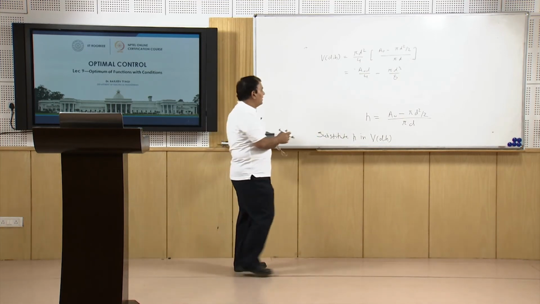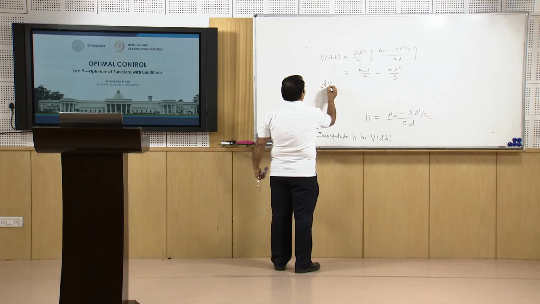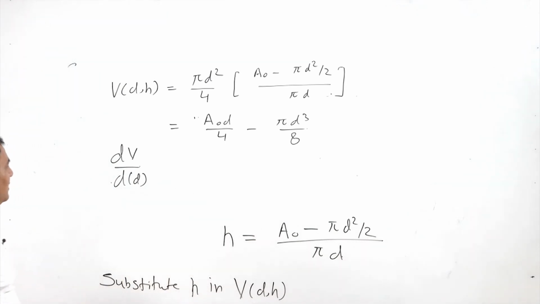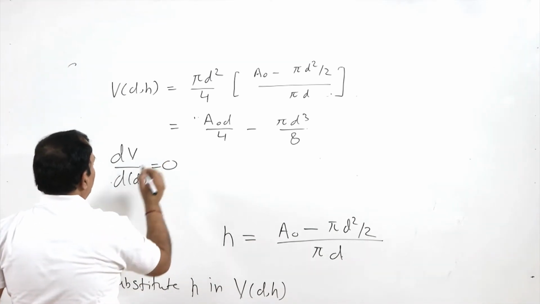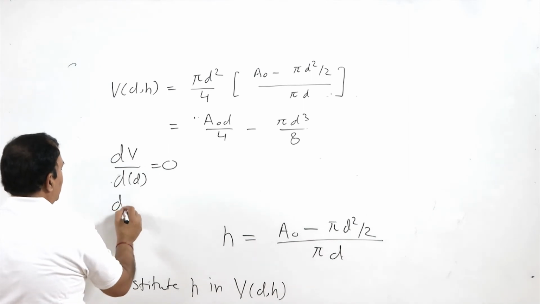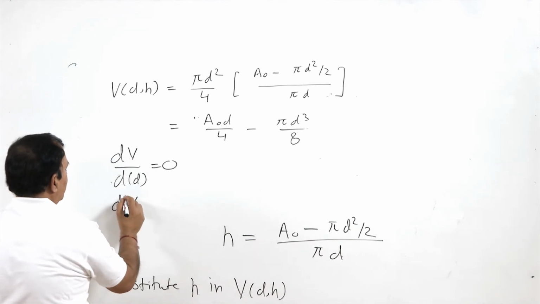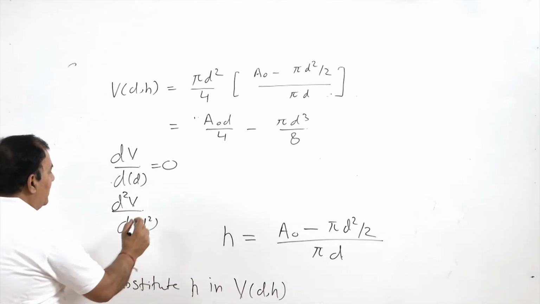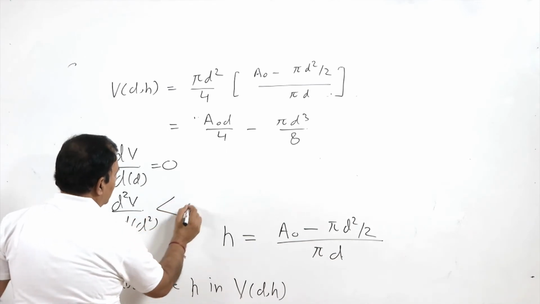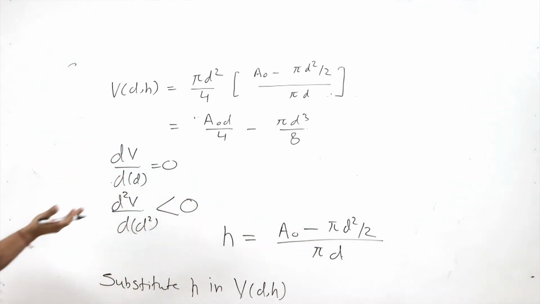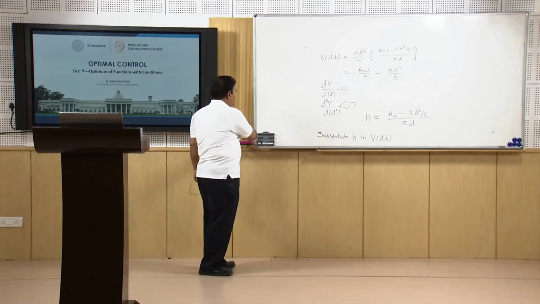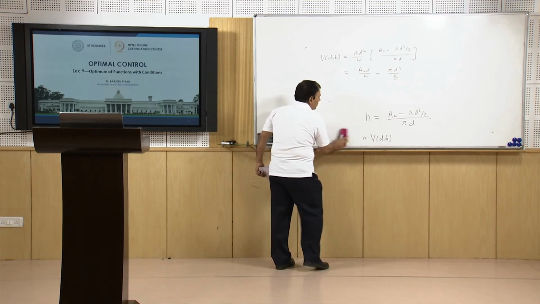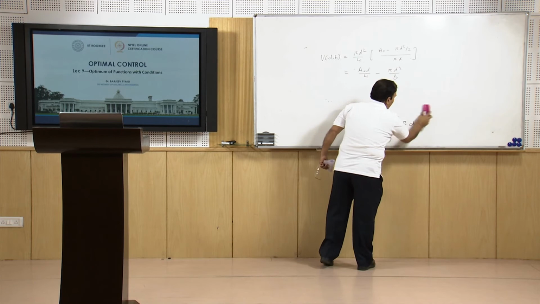Simply I can say my dV by dd, where d is for diameter, must be equal to 0, and if d2V by dd square is less than 0, this will be the maximization problem. So, we will differentiate V with respect to diameter.